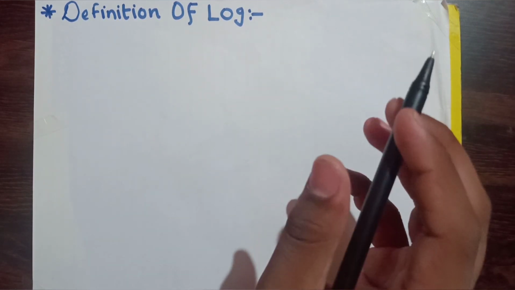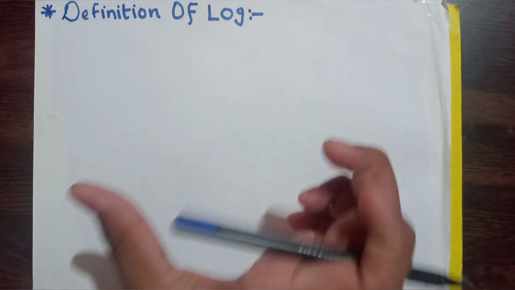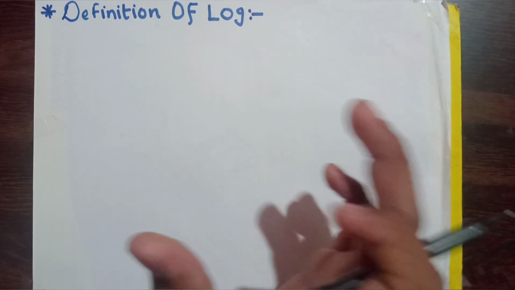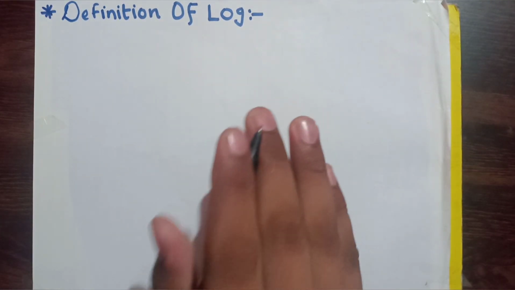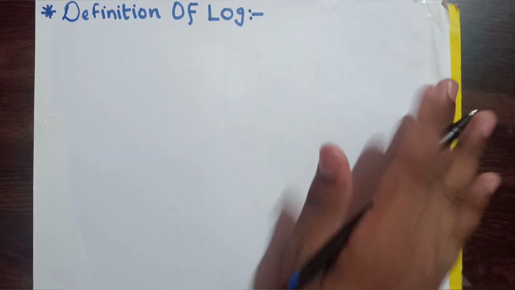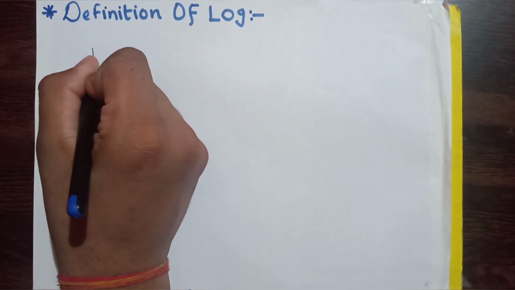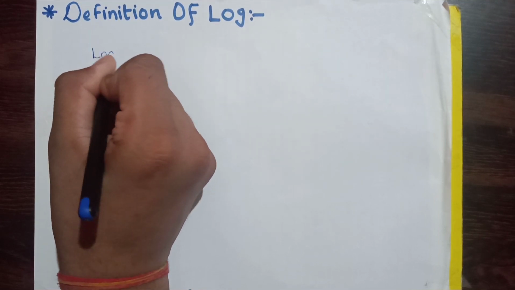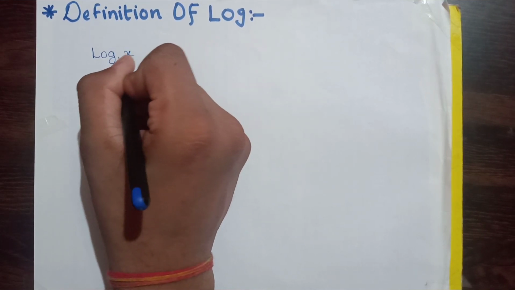I'll explain it with the help of examples and not specific words, because learning with specific words is a bit harder compared to learning with examples. So here I'll take one example, which is log x to the base y.